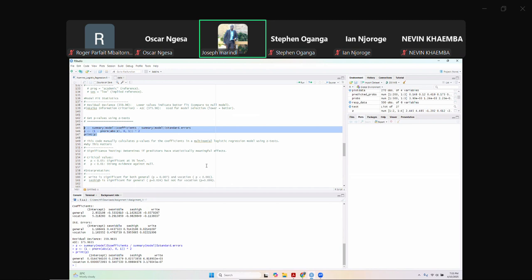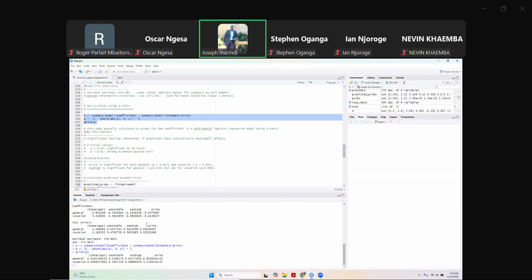For this, we interpret it in the sense that if we look at the critical values, if the p is below 0.05, it is significant, meaning that the significance level is at 5%. And also we check if p is below 0.01 to show strong evidence against the null hypothesis.